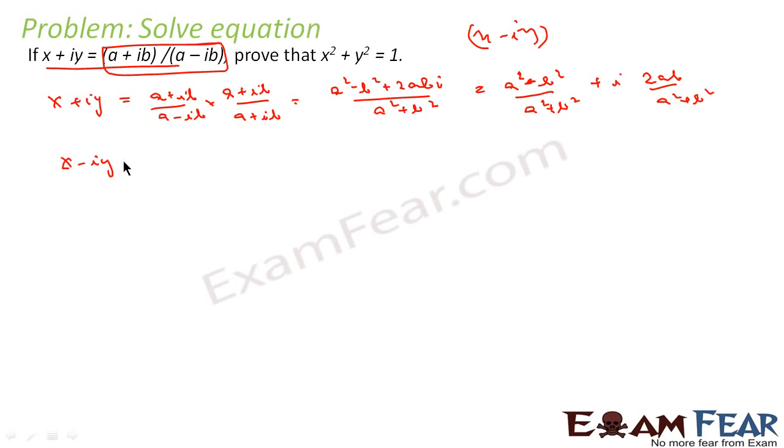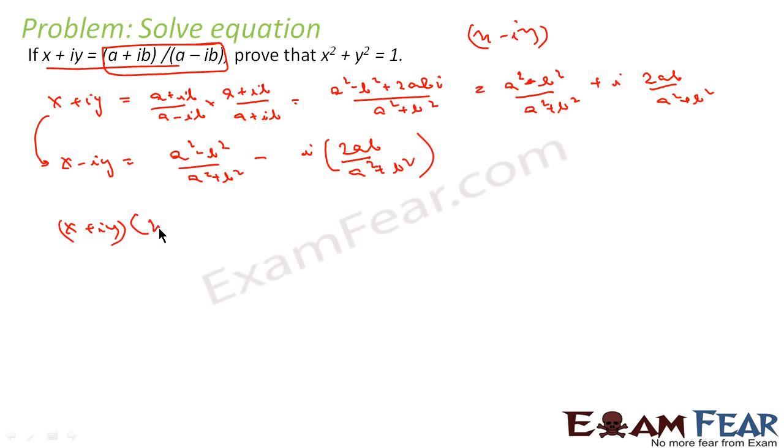So now similarly x minus iy, you can just say x minus iy is equal to a square minus b square by a square plus b square minus i into 2ab by a square plus b square. Now you have x plus iy, we have x minus iy, we'll multiply x plus iy into x minus iy.